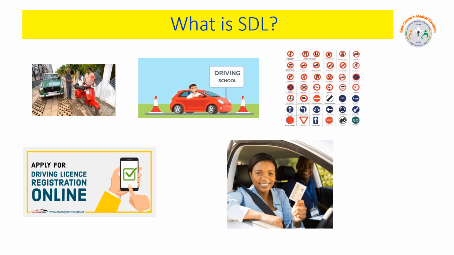We can explain it with an example. One adult learning example is learning driving. When I feel the need, I need a car, I have to reach my destination early, and I have to drive by myself. When I feel that need, I will formulate my goal: within this period of time, I will learn driving. For that, I will identify the resources for learning, so I will go to the driving school and take the lessons.